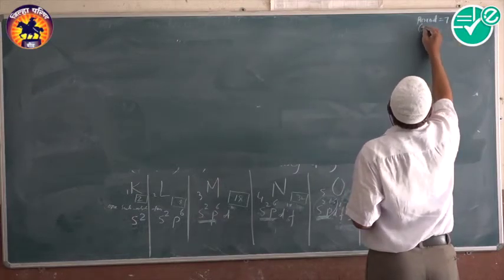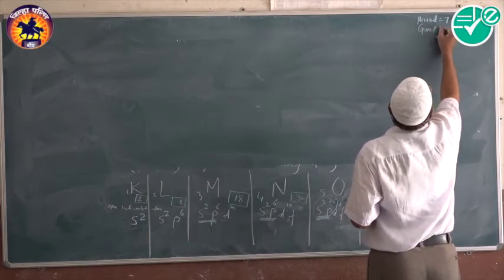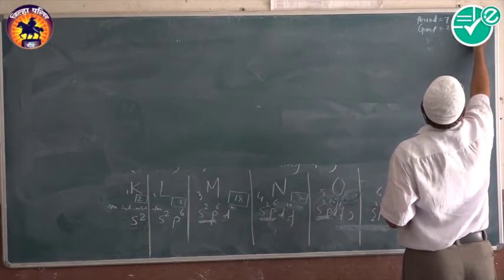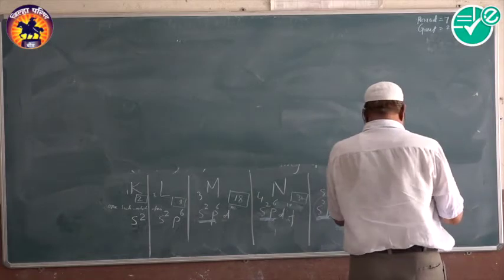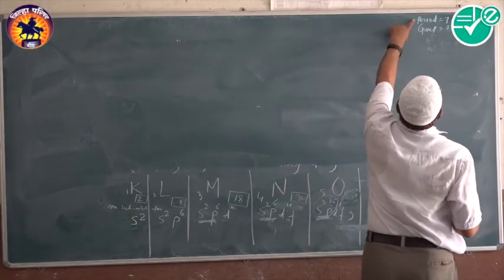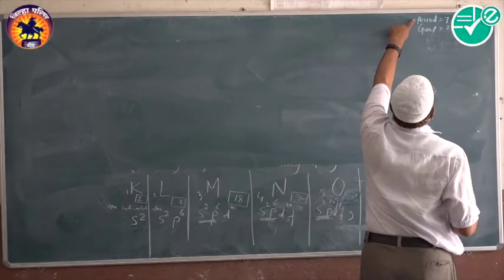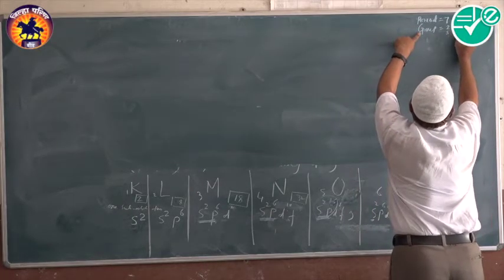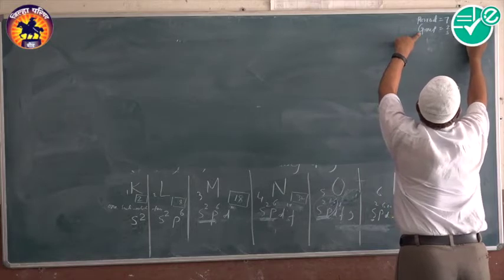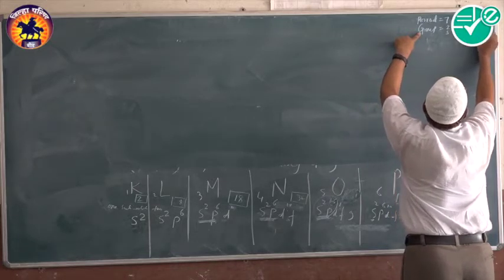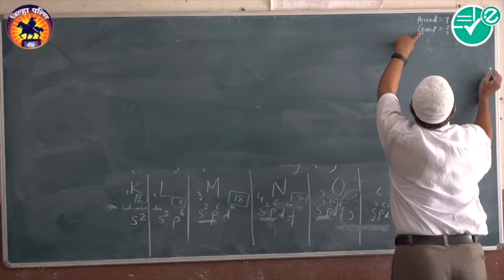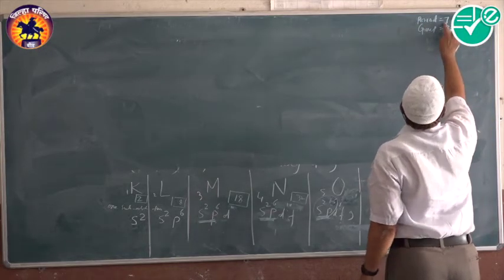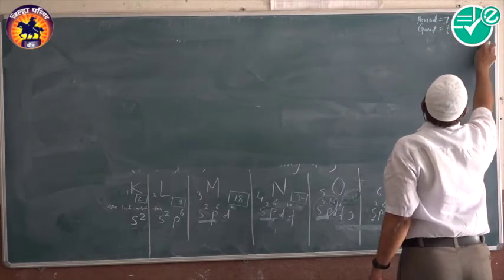The number of groups is S block 2, P block 6, D block 10, means 18. The total number of periods in the modern periodic table is 7 and groups is 18.